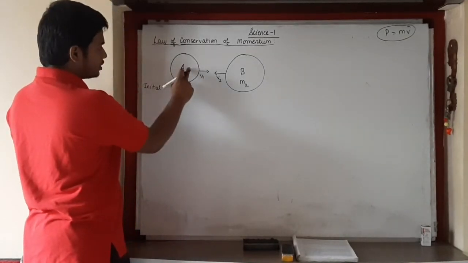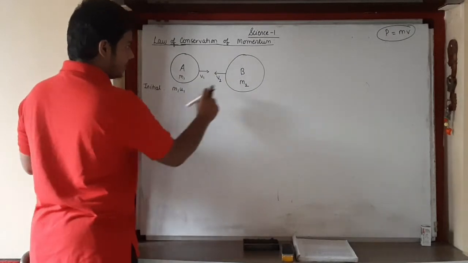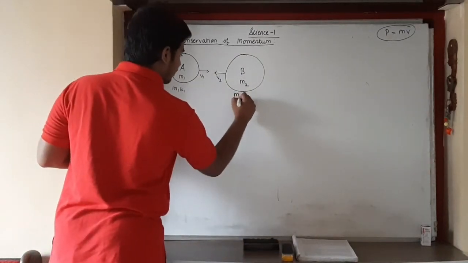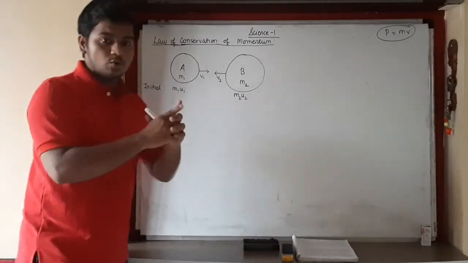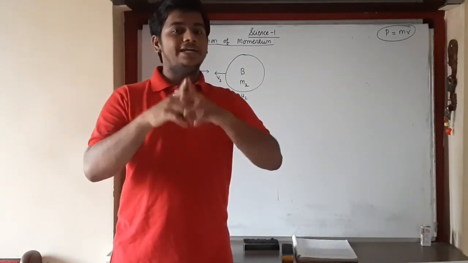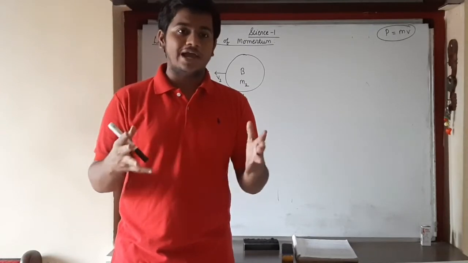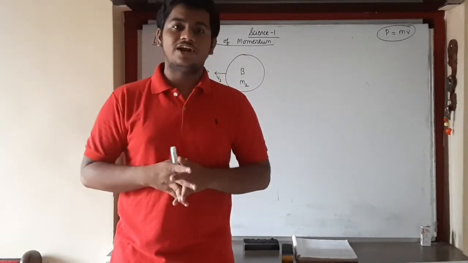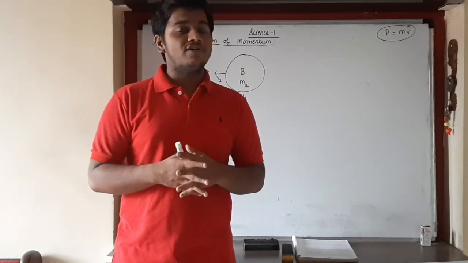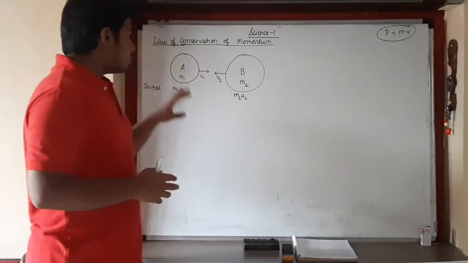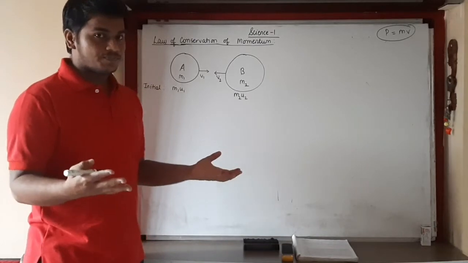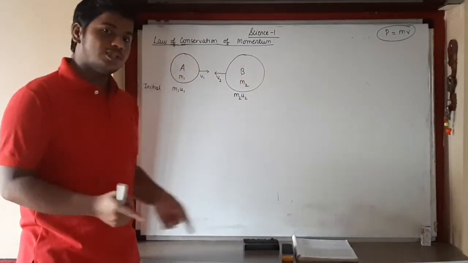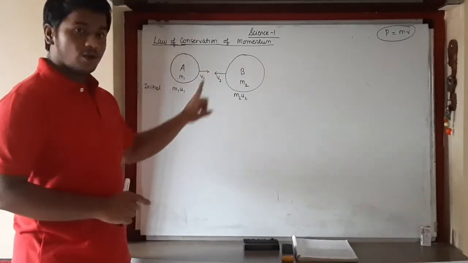So let the initial momentum of A be m1 u1 and the initial momentum of B be m2 u2 respectively. After collision, both might have a change in momentum. Why? Because both are moving in some different direction. Both can have a change in velocity. So the mass of the object will remain constant before and after, because it will not change throughout the process. What will change is velocity.